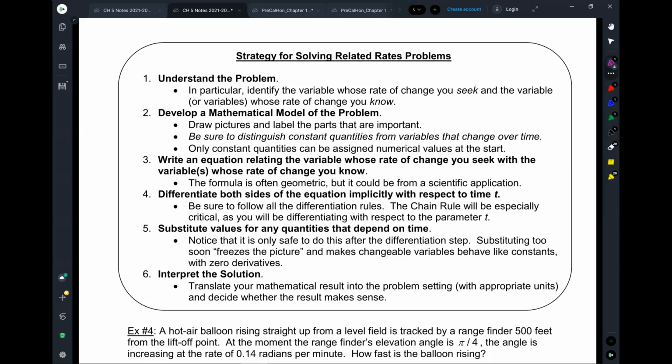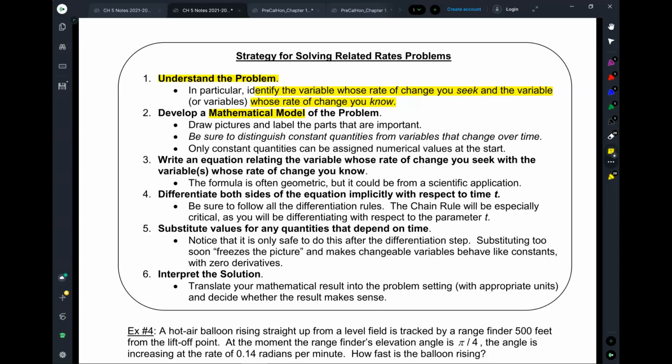Okay. So let's talk about some strategies before we start solving some real problems. This first one is making a reappearance. Understand the problem. Yes, we got to understand the problem. What is it? Identify what it is that you're looking for. Identify what it is that you know. Okay?